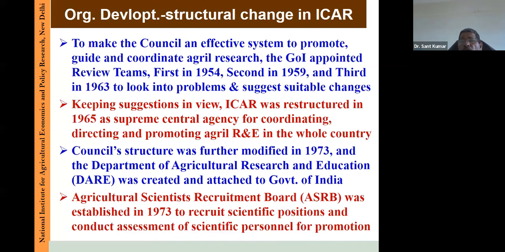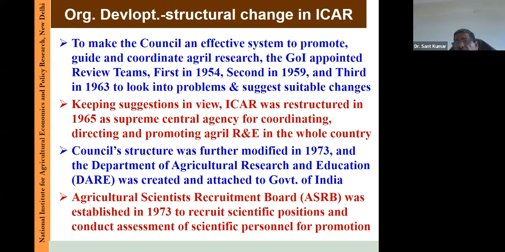To make the council an effective system to promote, guide, and coordinate agriculture research, the government of India appointed various review teams. The first was established in 1954, the second in 1959, and the third in 1963, to look into the problems being faced by the system and suggest the suitable changes needed.